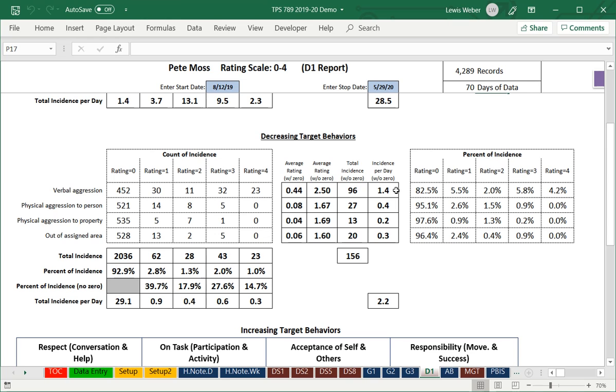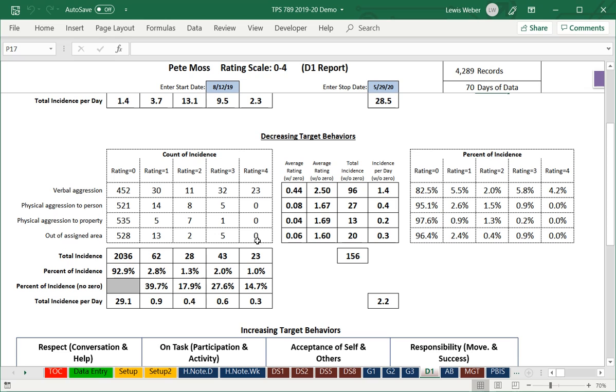Pete had verbal aggression, and again, these numbers are expressed as percentages. So 4.2% of all of the ratings were a 4 for verbal aggression. And it turns out for physical aggression to people and property and out of the assigned area, there were never any 4s.